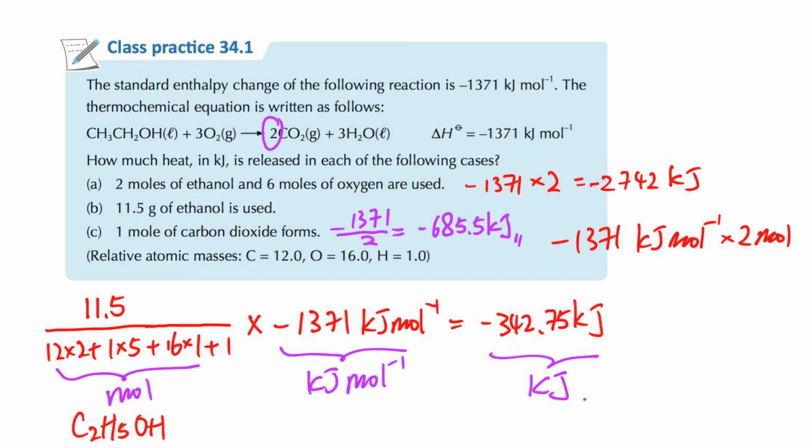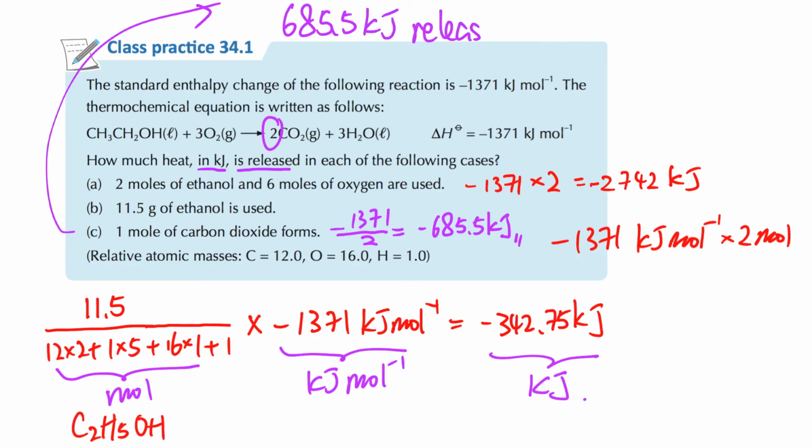Not that difficult actually, but remember, if your answer statement says how many kilojoule is released, say for example part C, you may say 685.5 kilojoule released. You see that I didn't write negative here, because released represents negative already. So bear in mind this kind of presentation.